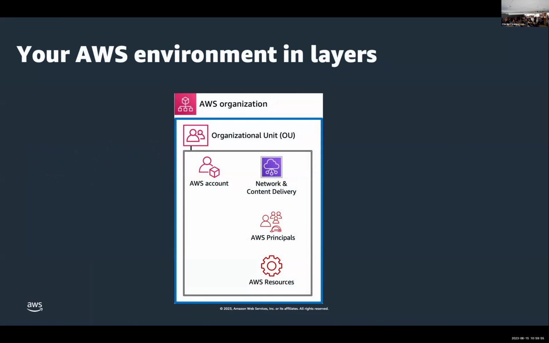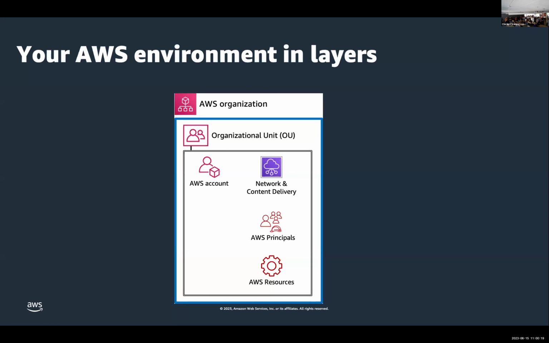You have an AWS organization. Within it, you have different organizational units. And within these OUs, you have another layer for the AWS account itself, which is considered by default some sort of a logical security boundary. That's why we do recommend to make sure that you have an AWS account purposed only for one reason, which is to run a certain workload, so you don't extend the footprint of the account itself.